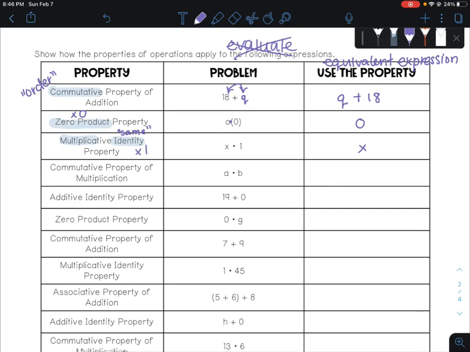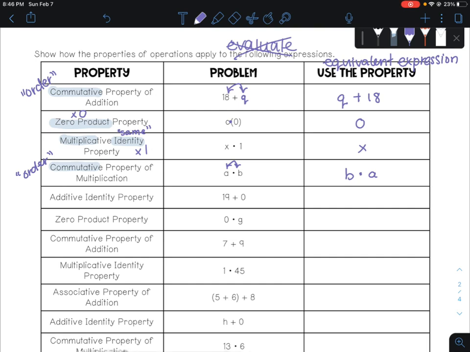The commutative property of multiplication is like the first one, except with multiplying. So if we change the order, it won't change the value. So an equivalent expression would be B times A, because B times A is the same as A times B.